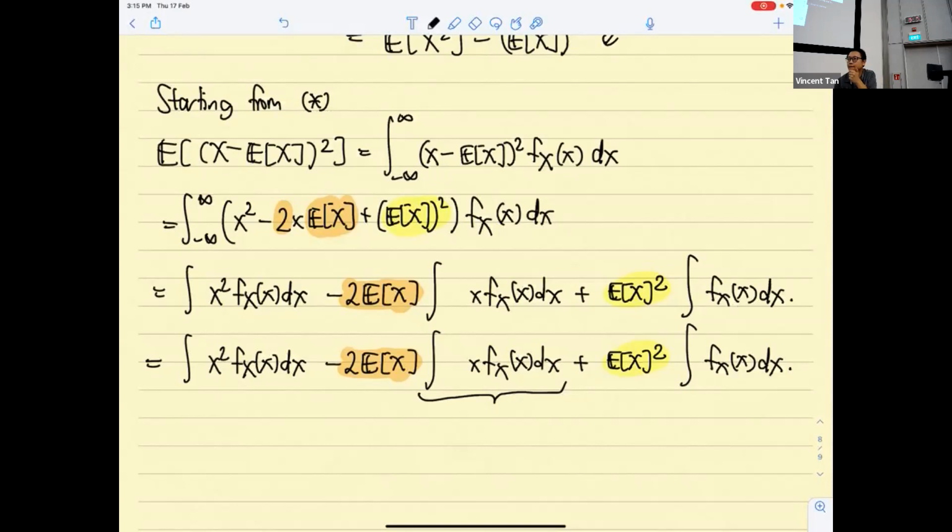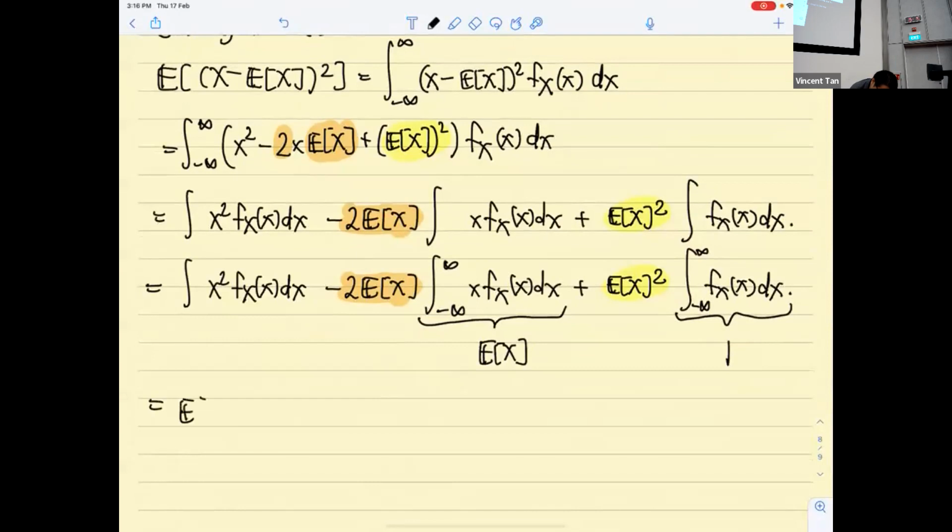It's the expectation of x. So we have the expectation value of x here. And what is this thing here? I'm integrating from minus infinity to infinity of the probability density function. It is exactly 1. Thank you very much.